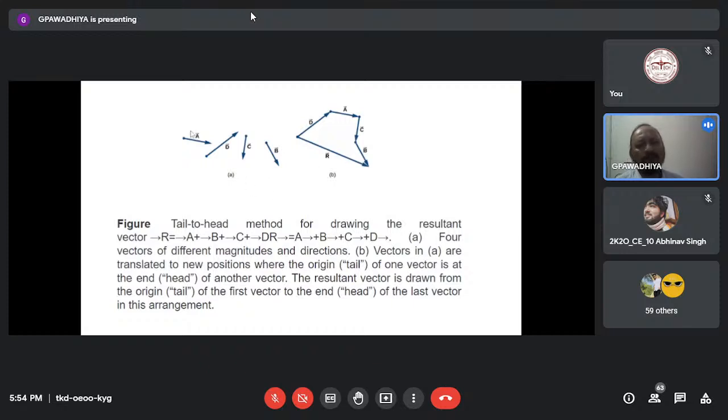We can connect them together to find the resultant effect on a body. We connect these vectors from tail to head, the tail of each new vector connected with the head of the previous vector. Connecting the tail of the first to the head of the last gives you the resultant vector.